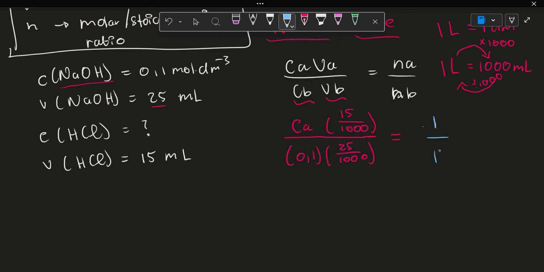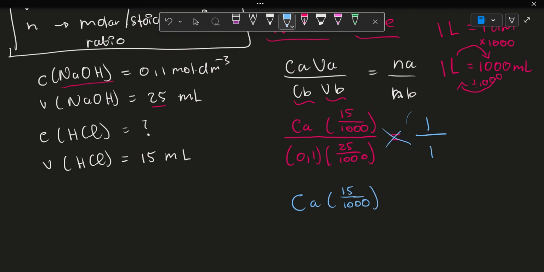So 1 is the stoichiometric coefficient of HCl, and 1 is also the stoichiometric coefficient of sodium hydroxide. So in this particular case, I would have CA times 15 over 1,000.